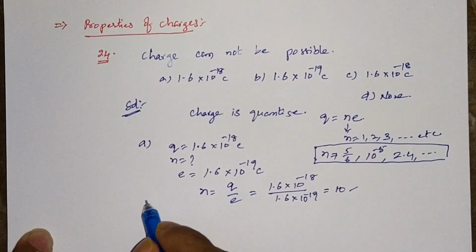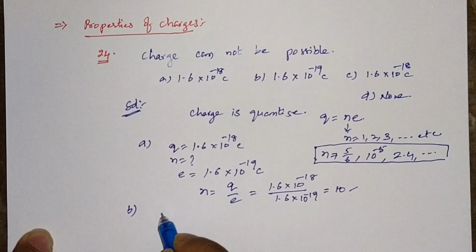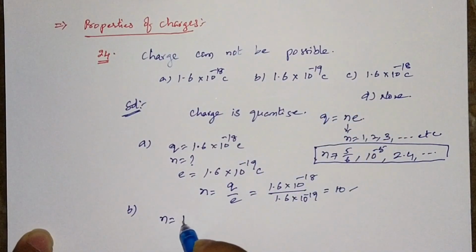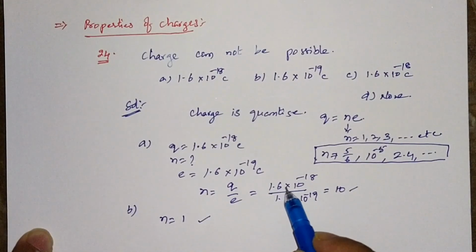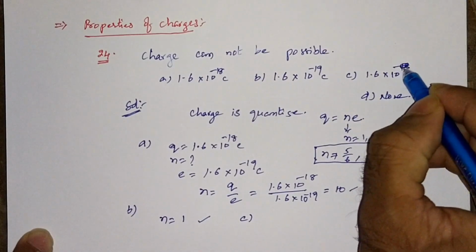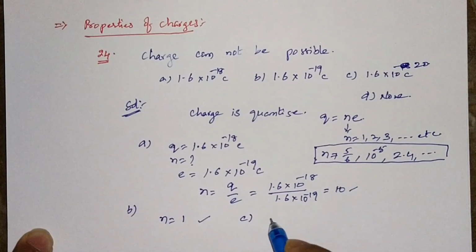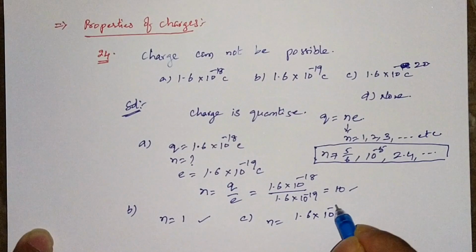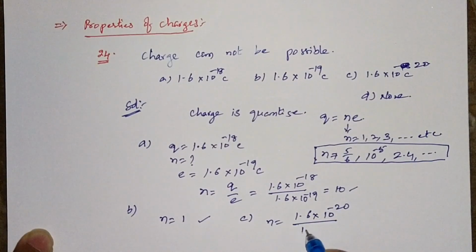Similarly, calculation of B. In B, it is 1.6 into 10 power minus 19, so the N value you get is 1, that is 1.6 into 10 power minus 19 by 1.6 into 10 power minus 19. Coming to C, it is 1.6 into 10 power minus 20. Then the N value will be 1.6 into 10 to the power minus 20 by 1.6 into 10 power minus 19, the E value.